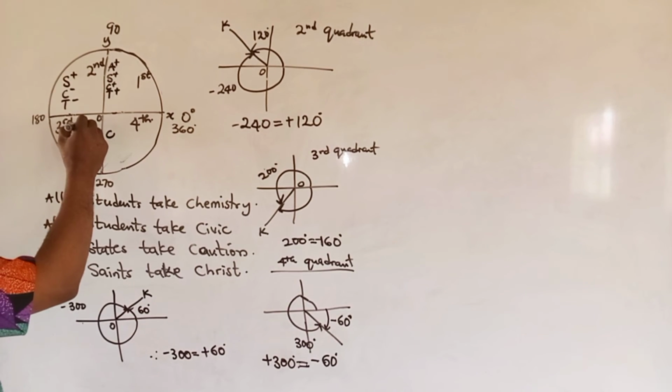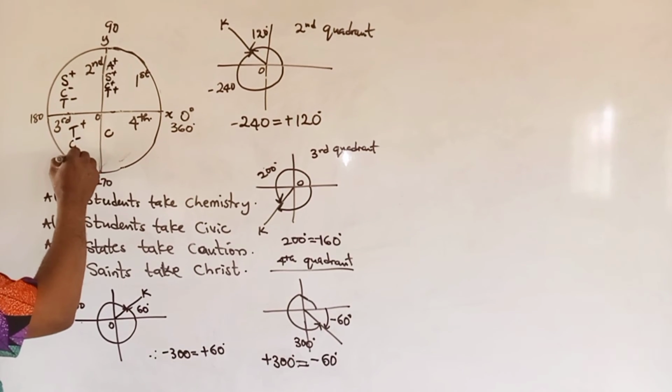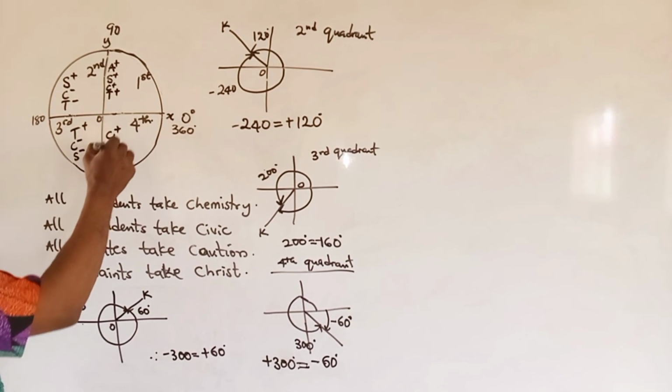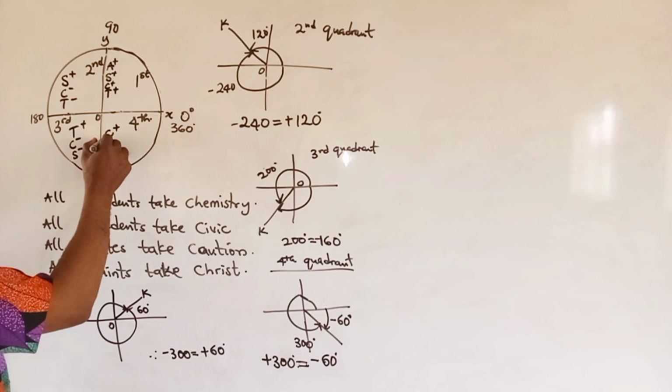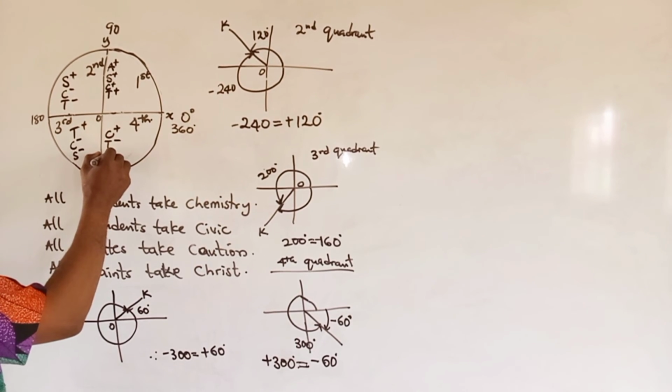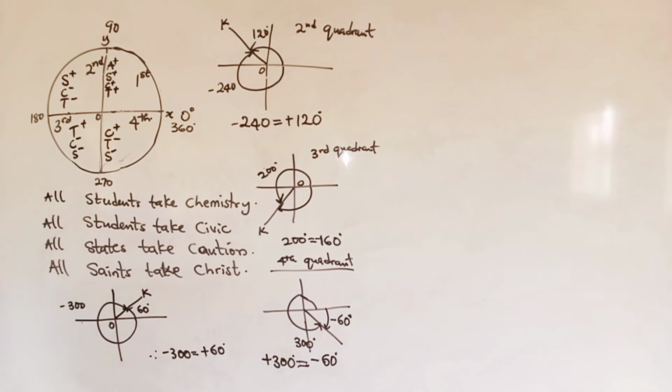So at this point, I have positive here, the remaining one is negative, negative. Here is positive. Here is negative, negative.